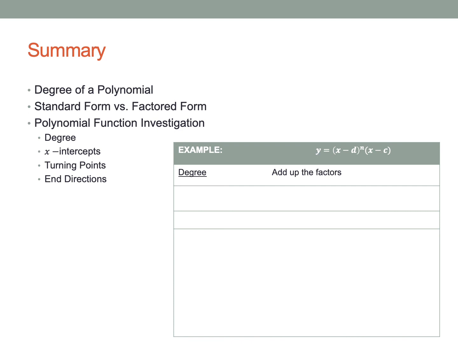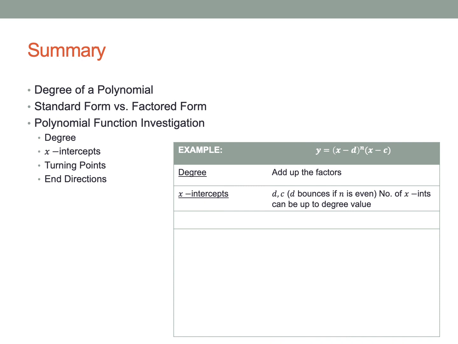The x-intercepts are where each factor is equal to 0. So in this case, like d and c. Okay, and it's important. If you have a repeated factor like x minus d to the n, if n is even, so if the exponent of the repeated factor is even, it bounces.